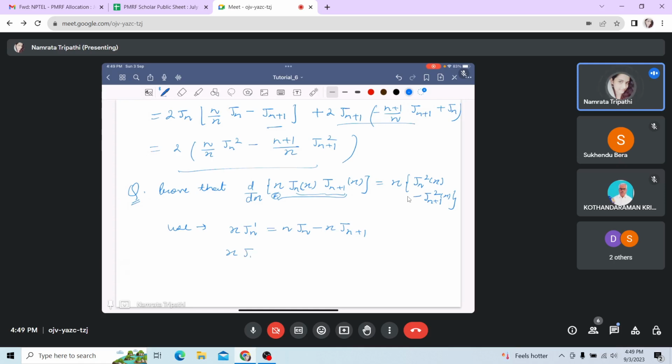And the second one is, you can replace n with n plus 1 here and use this value and you will get the answer.